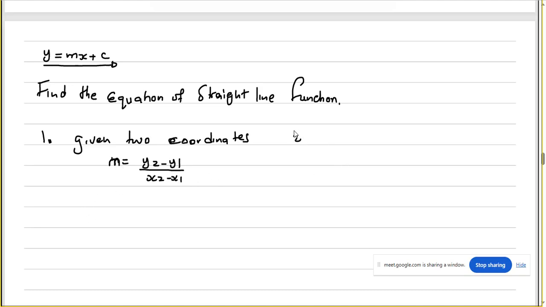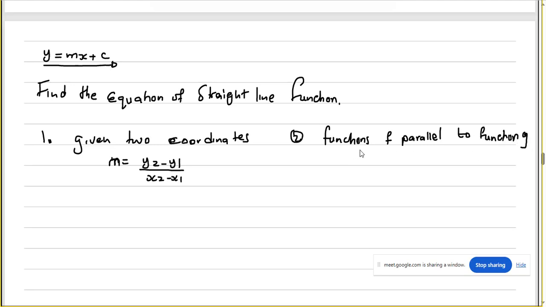So number 2, sometimes we'll have 2 functions, f that is parallel to function g.